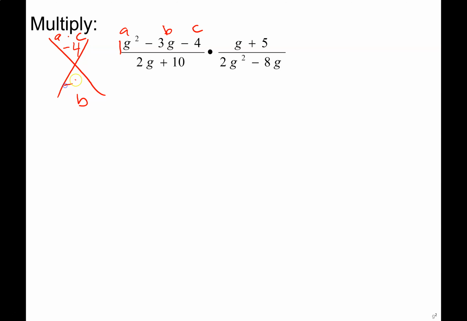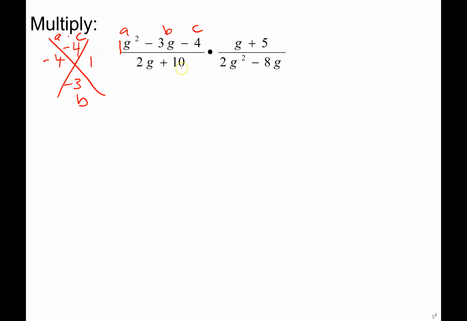And my B value is a negative 3. So we need numbers that'll multiply to 4 and add or subtract to the 3. So I'm going to go with 4 and 1. Be careful with your signs because it needs to subtract to that negative 3. So the 4 has to be negative and the 1 needs to be positive.